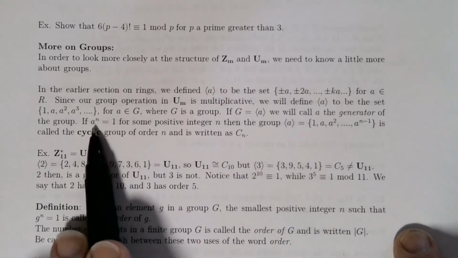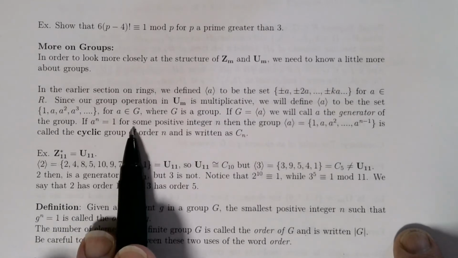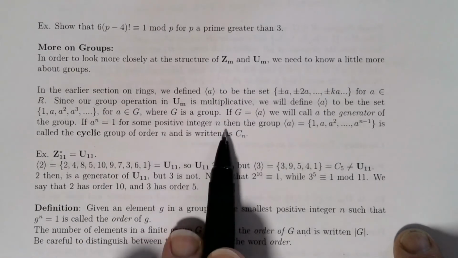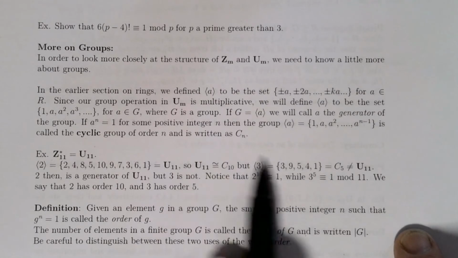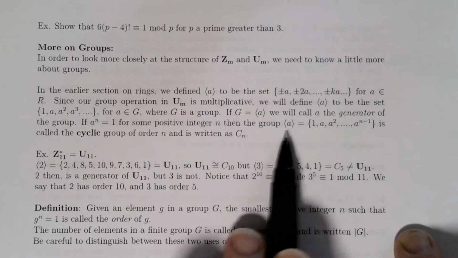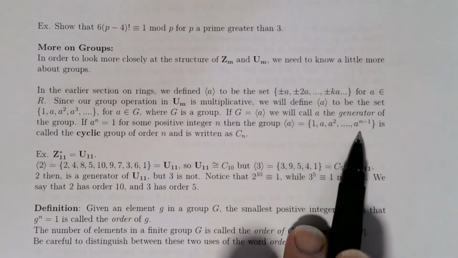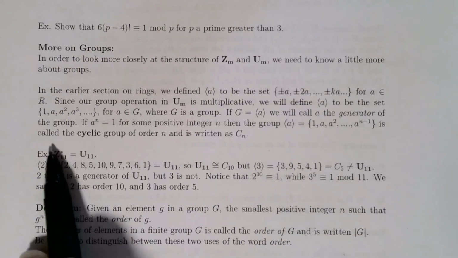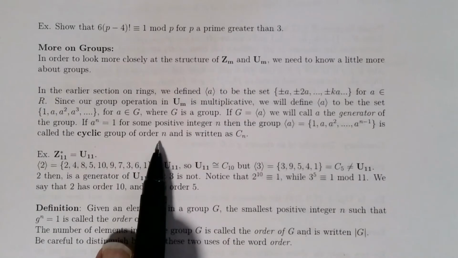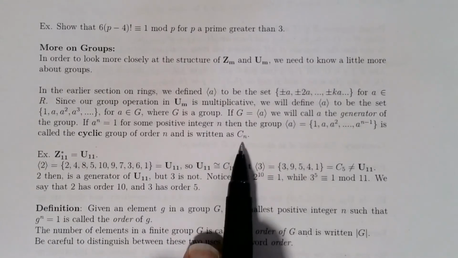And if a to the n is 1 for some positive integer n, then this group, angle brackets a, consisting of the powers of a from 1 up to a to the n minus 1, is called a cyclic group of order n, and is written as C sub n.